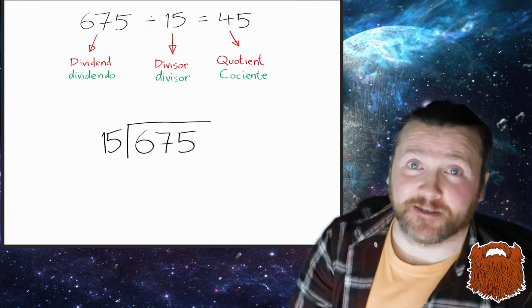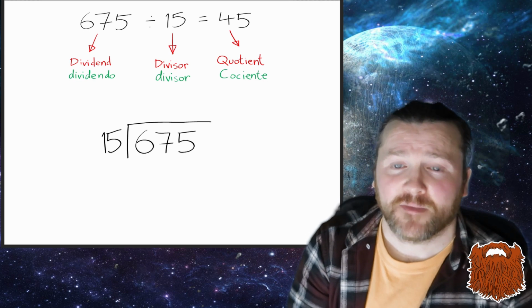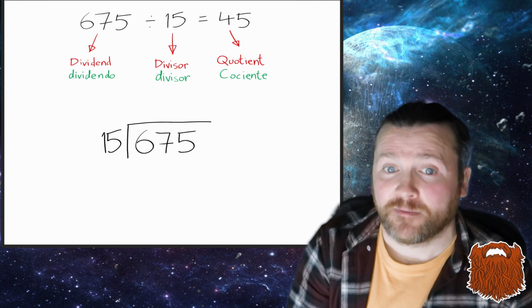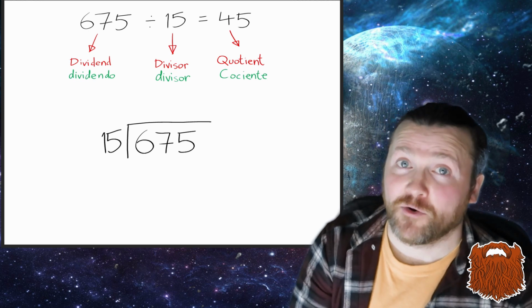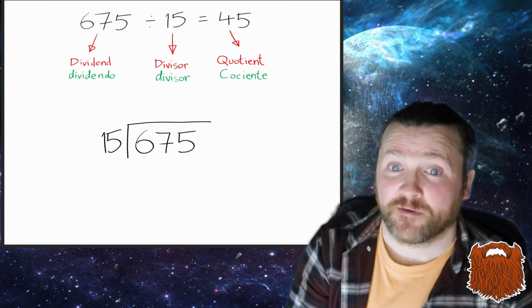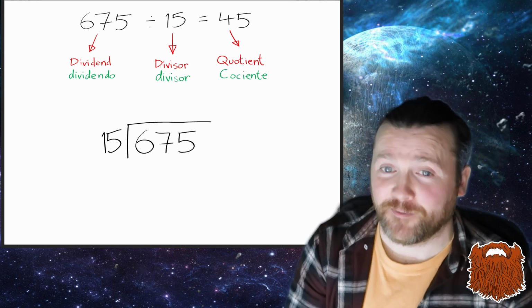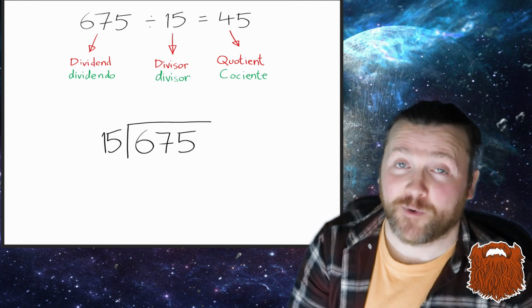Excellent. Okay, the next thing we need to do, because we don't actually know the quotient yet, is work it out. We're hoping that it'll be the same as the 45 we have above.